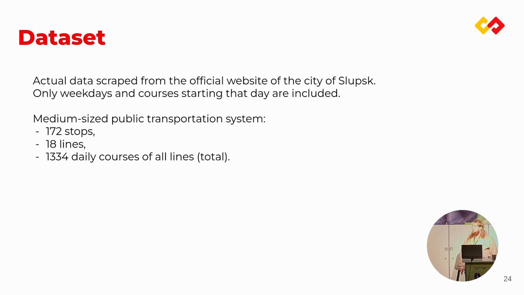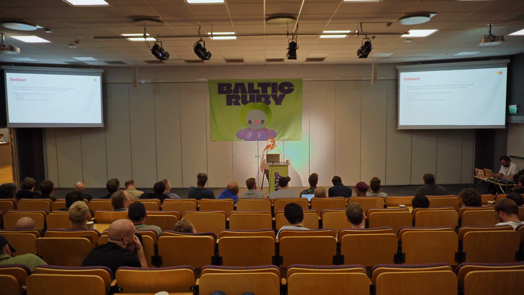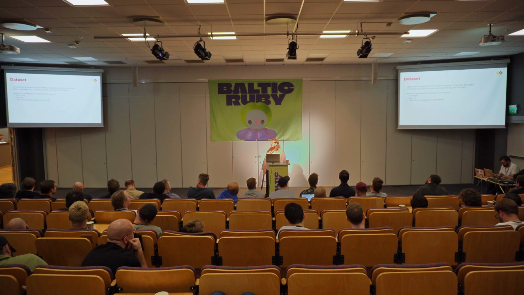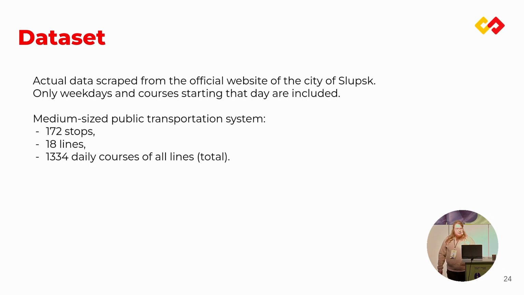Okay, so we got a real data set. I found the timetable on the website of the Polish city called Słupsk, and they have a mid-size public transport system. There are 172 stops, 18 lines, and more than 1,000 daily courses of our lines.